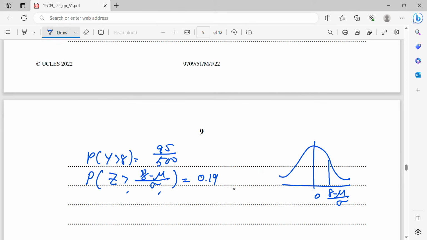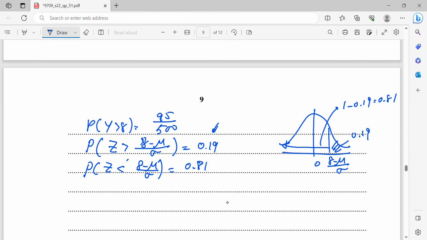If it were on the left hand side, it must be more than 0.5, because more than 0 is already 0.5. Now you are getting less than 0.5, the probability is only 0.19. So when the shaded region is 0.19, the previous region is 1 minus 0.19, which is 0.81. So I will write P(Z less than 8 minus mu over sigma) is going to be 0.81.